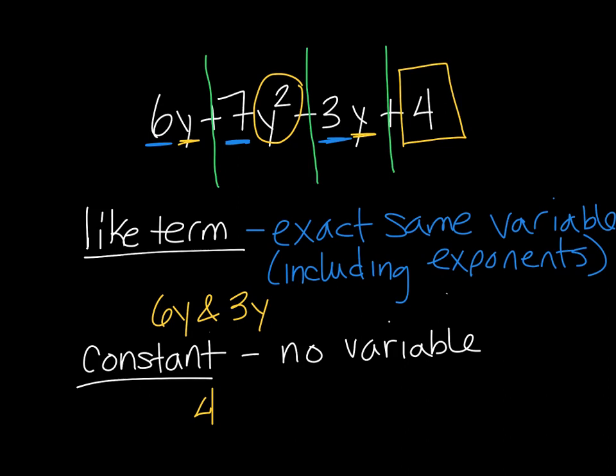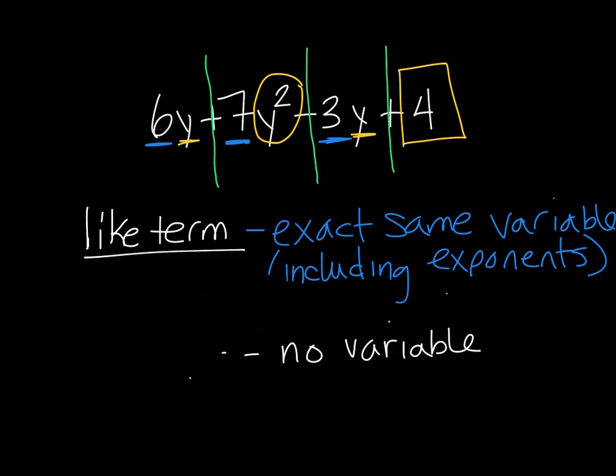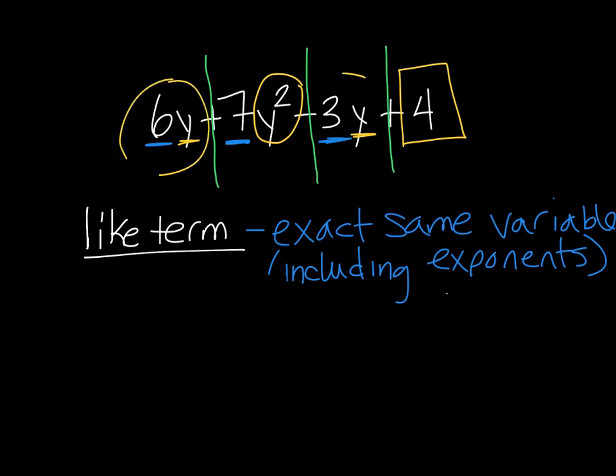English. And lastly, I want to talk about what we mean when we say simplify. If you're asked to simplify something, you're asked to combine like terms. So up here, there's very little I can do. But what I can do, remember I had 6y and 3y are like terms, so I can put those together. And when we simplify, we try to write things in order. So I write my biggest exponent first.